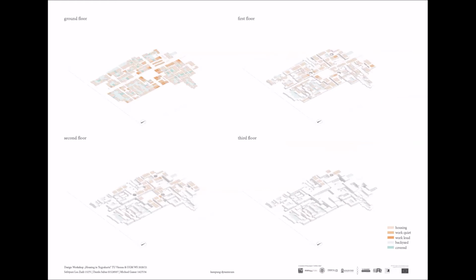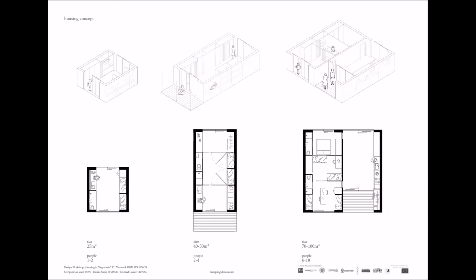And with this structure, we also especially want to show that different functions can also take place on different floors. So for example, the first floor or the second floor is not just about living, there are also working spaces. And in our apartments, we follow the principle in our floor plans of saving space and introducing multifunctionality and flexibility into the apartments.